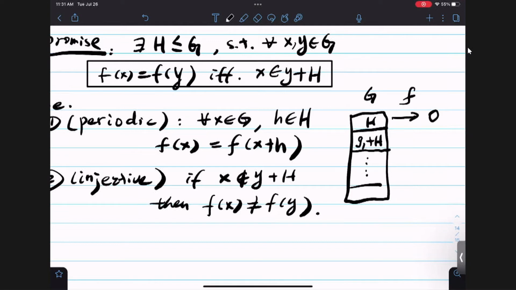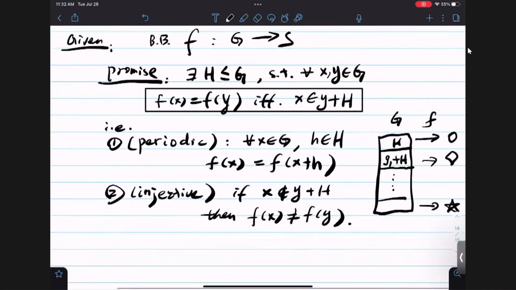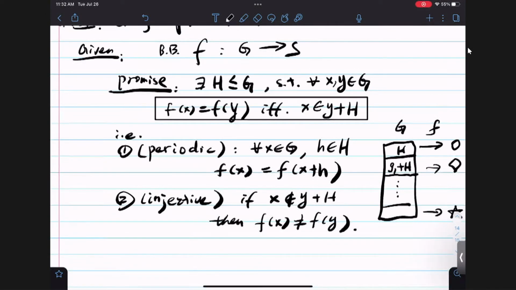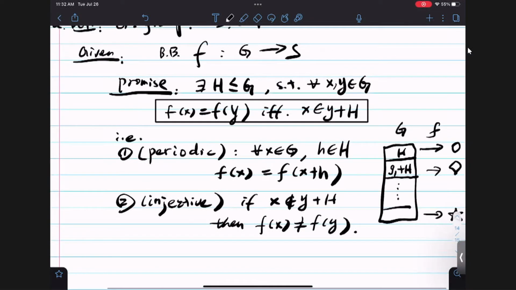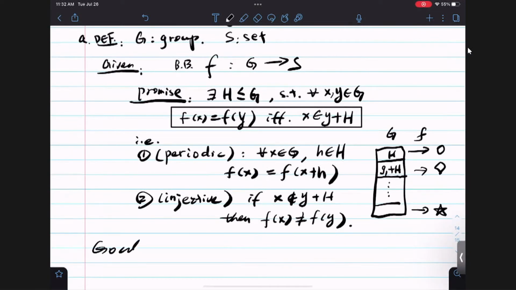But across different cosets, the function values will be distinct. So the different symbols represent different function values. So the function has this property. Right? It hides the subgroup H in this way. And the goal here is to find H.